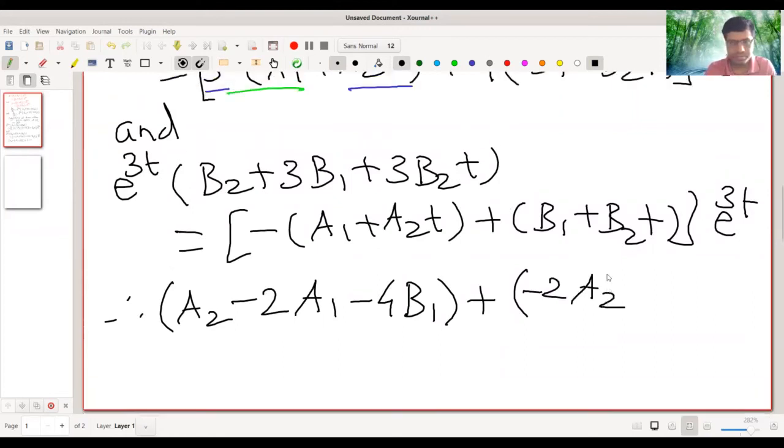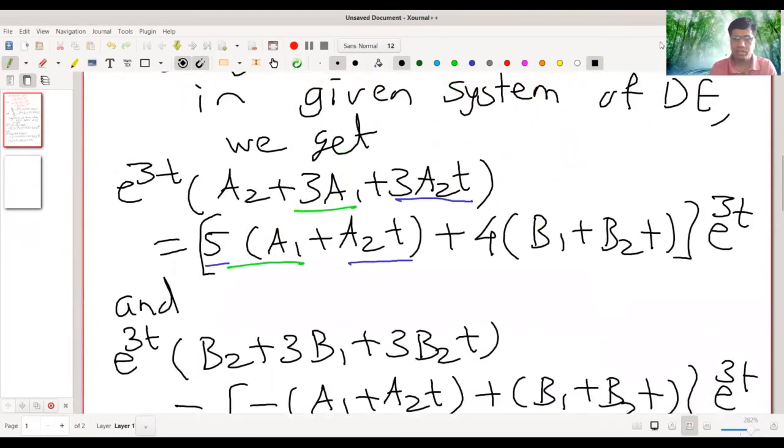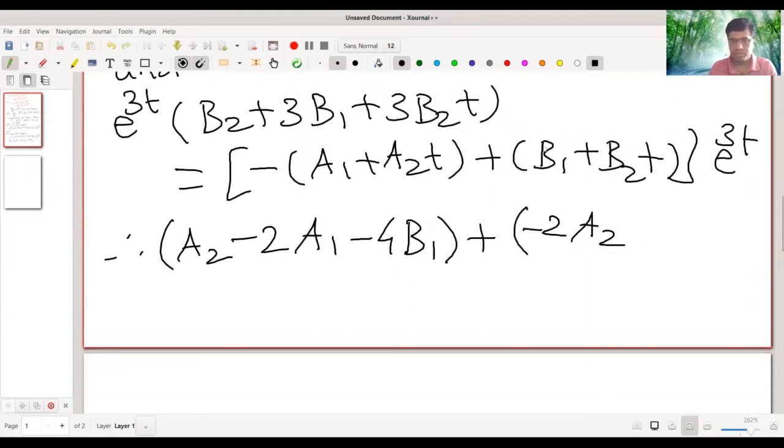Then on the right side there is another term, this 4b2t, which will be minus 4b2 multiplied by t equal to 0. Okay, so this is the first equation.